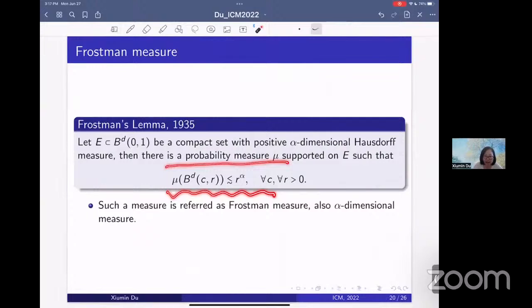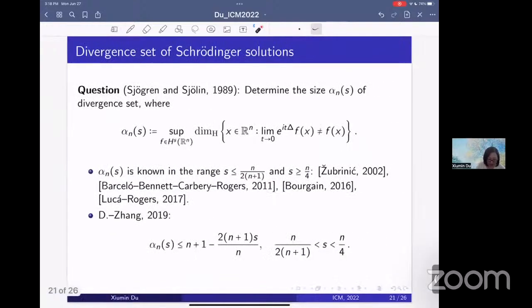Such a measure is referred to as an alpha dimensional Frostman measure. This alpha dimensional measure corresponds to the alpha dimensional weight after a rescaling. And because of this lemma, the weighted Fourier extension estimates apply to several problems concerning the Hausdorff dimension. Let's see the applications.